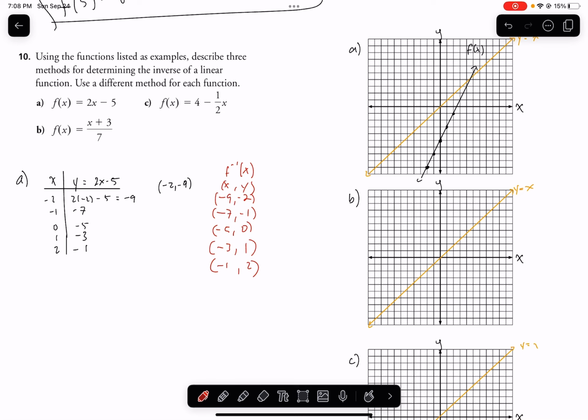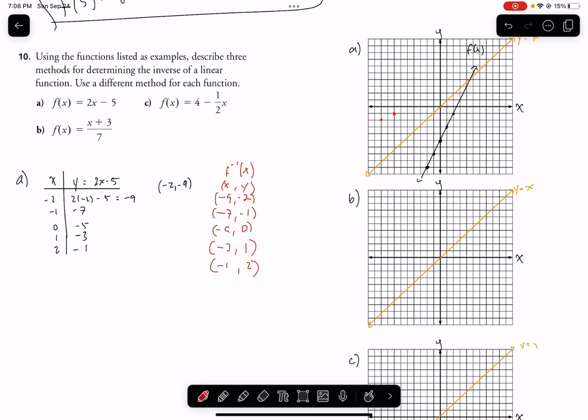So -9, -2 should be here. Okay. And then -7, -1 would be here.